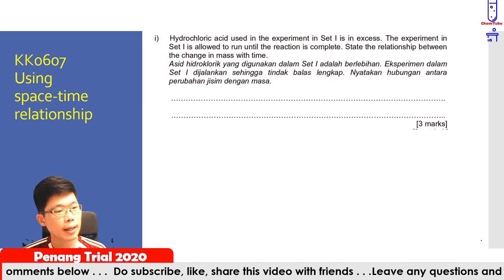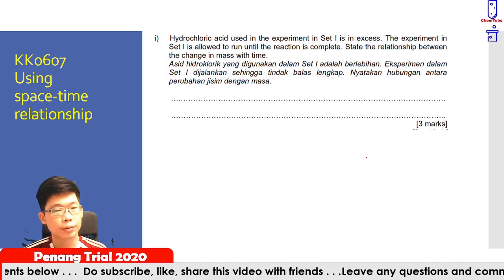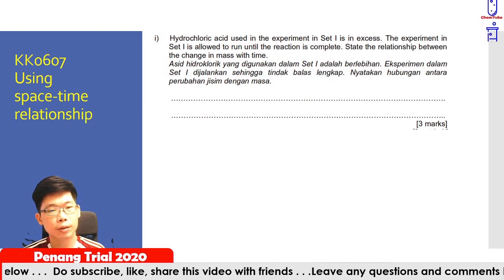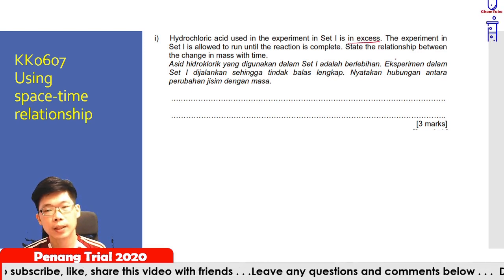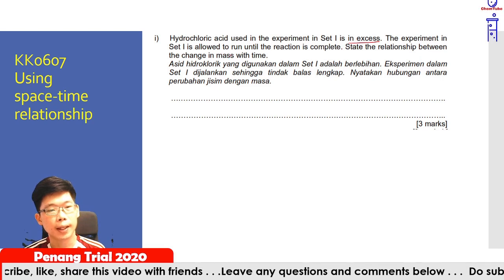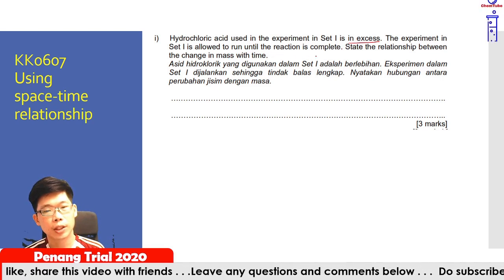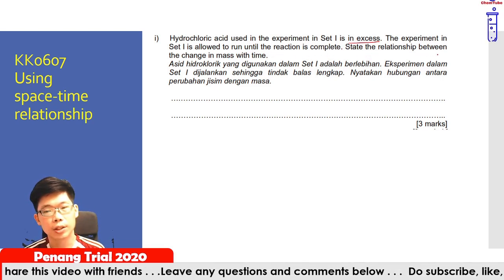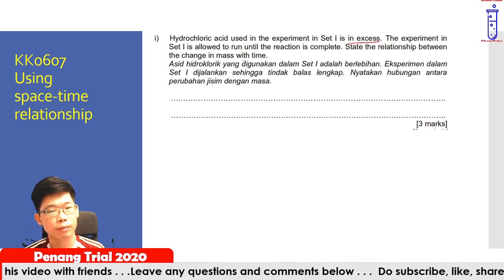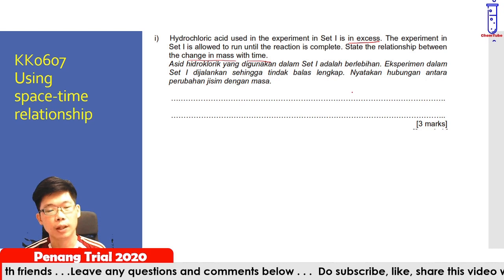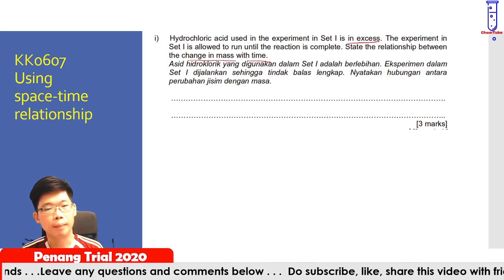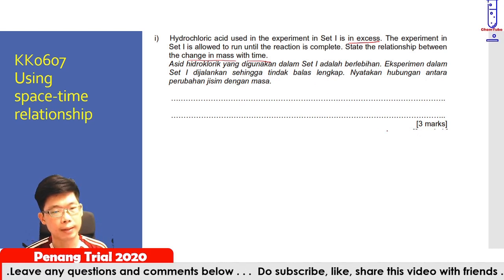So using the mass-time relationship, the hydrochloric acid used in the experiment in set 1 is in excess. So the experiment in set 1 is allowed to run until the reaction is complete. State the relationship between the change in mass with time. So your answer should say, if the time is longer, what will happen to the mass?